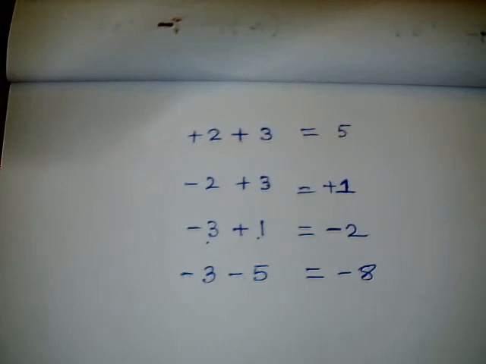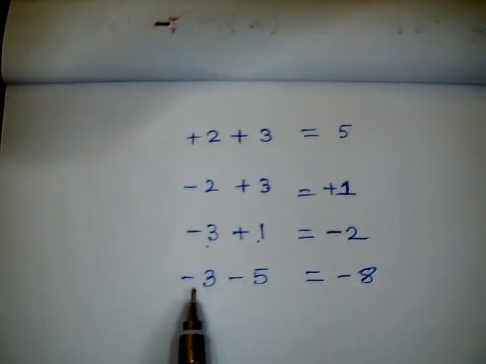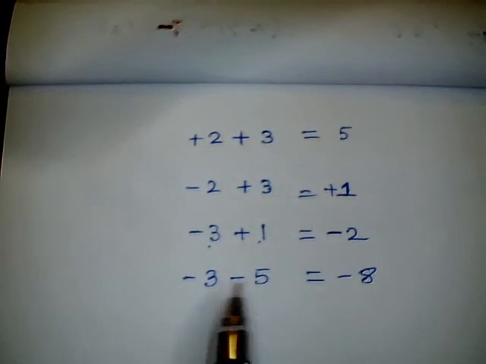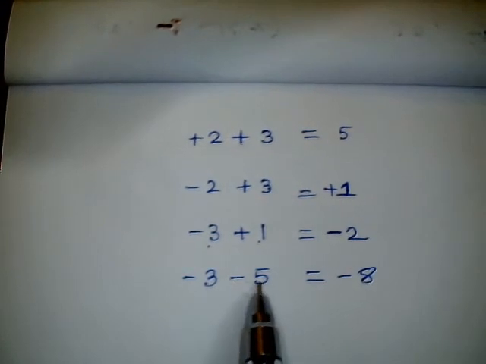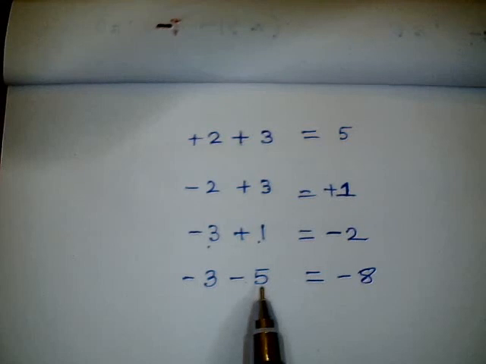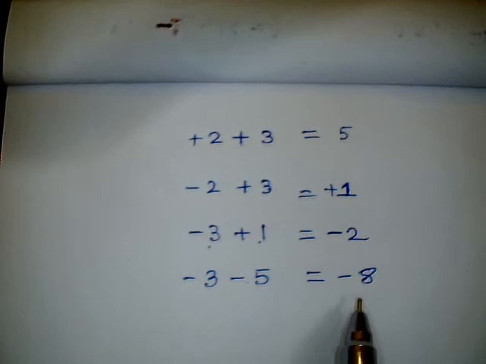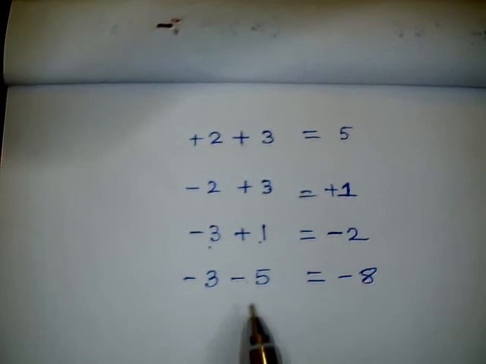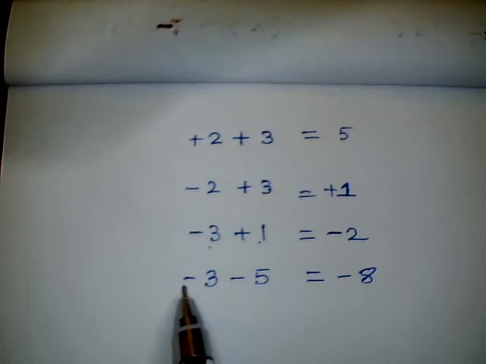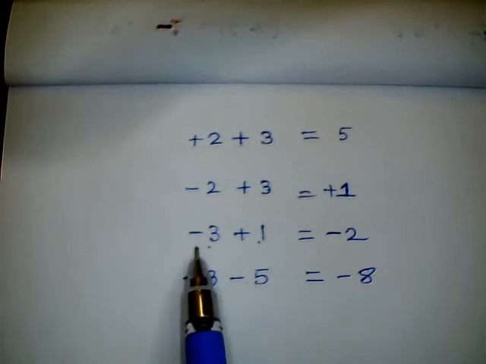It's the same quantity over here, negative 3 and negative 5, like terms, because these are numbers and so we can add or subtract. Here both numbers are of the same sign, so the numbers will get added and whatever sign both numbers have, that sign will come. Over here one was negative, one was positive, so subtraction will happen.